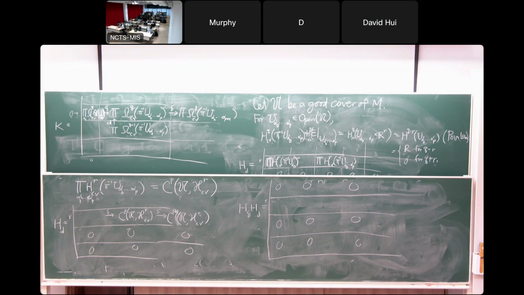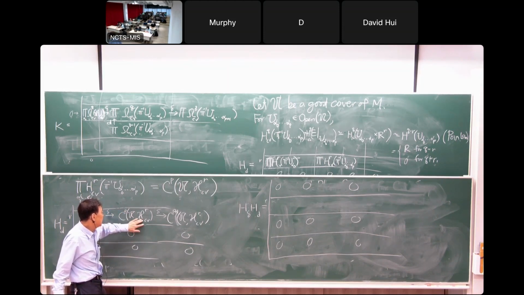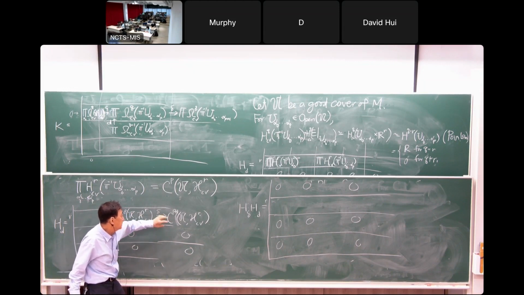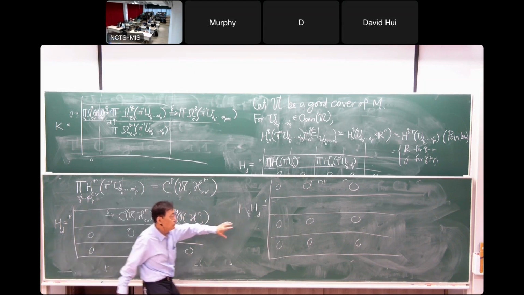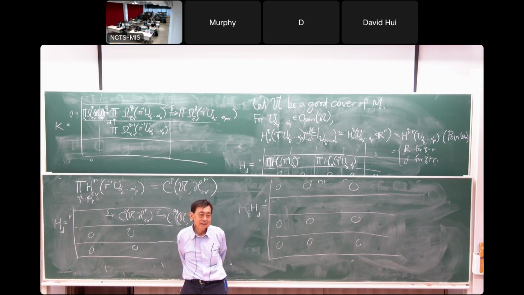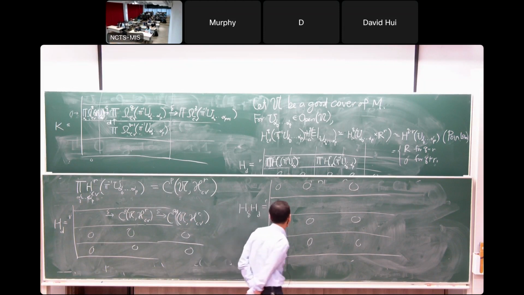So, now here we have the cochains on an open cover, with values in a pre-sheaf, okay? And we have this differential delta. So if you take delta of this differential complex, what do you get? You get the Cech cohomology of the open cover.